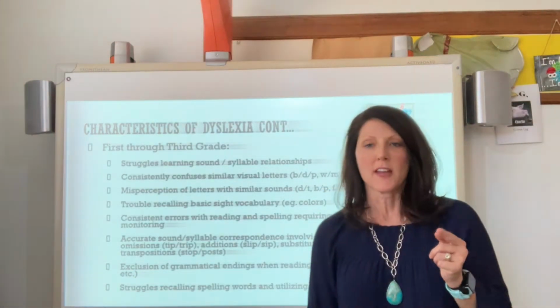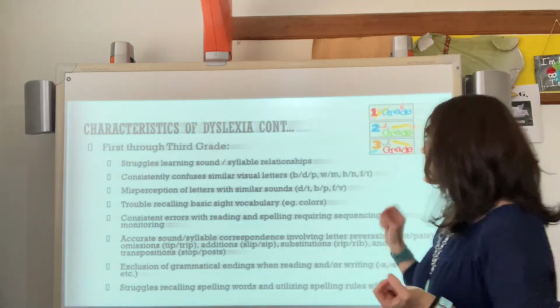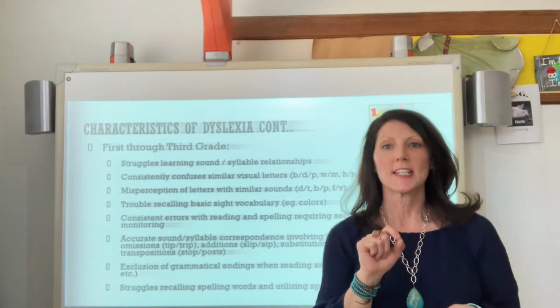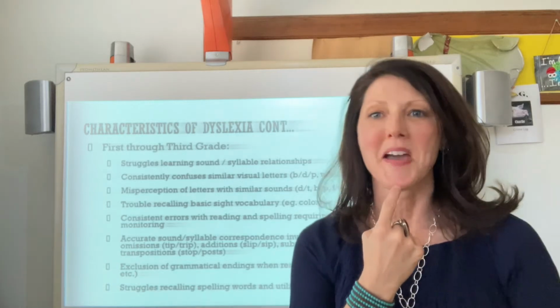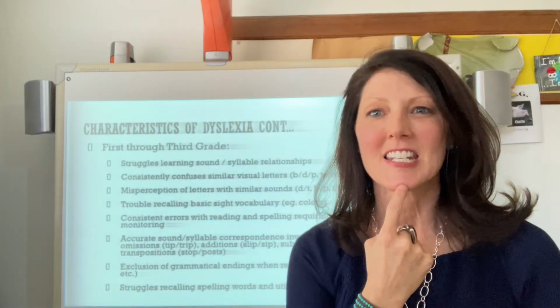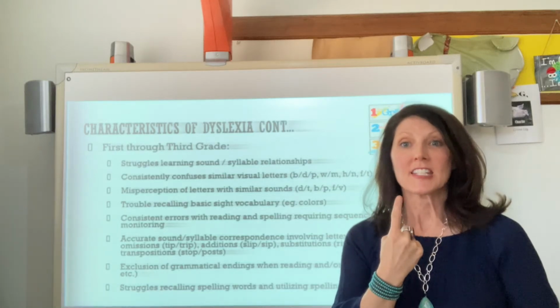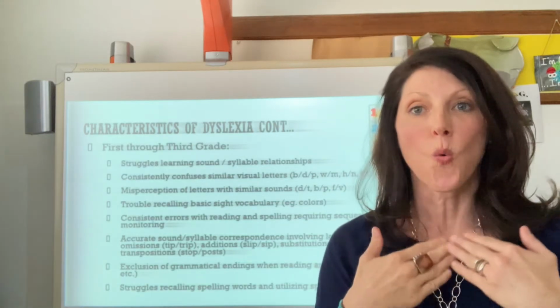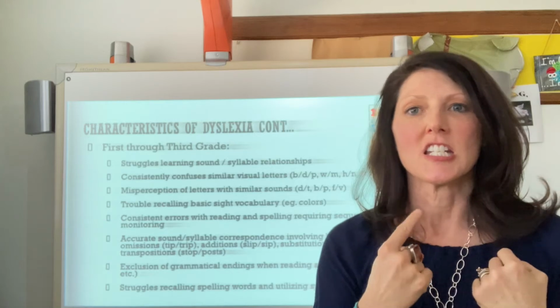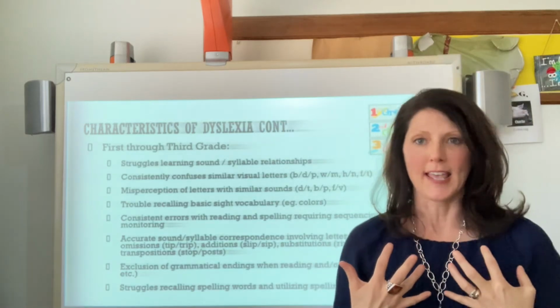And if you think about it for a minute, when you make the sounds for d, t, you can see my mouth is the same for both sounds, except the t sound is a quieter sound, and the d is a more vibrating sound.